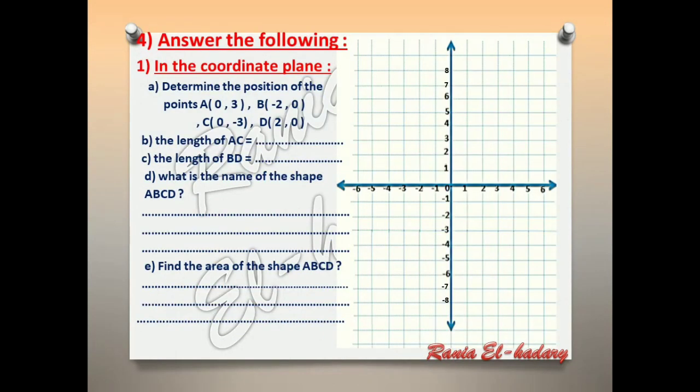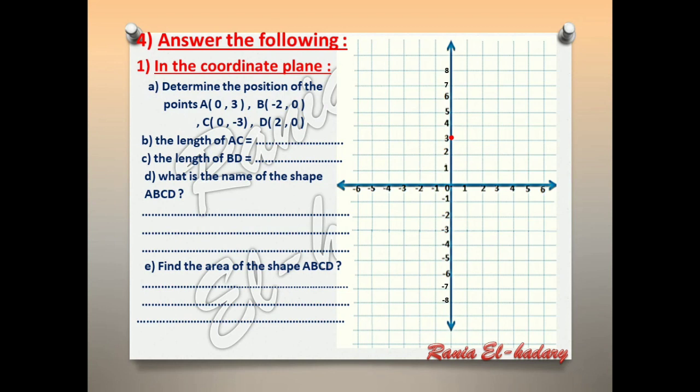Number 4. Answer the following. Number 1. In the coordinate plane, letter A, determine the position of the points A (0, 3), B (negative 2, 0), C (0, negative 3), and D (2, 0). First, put the point A, 0 in x and 3 in y.